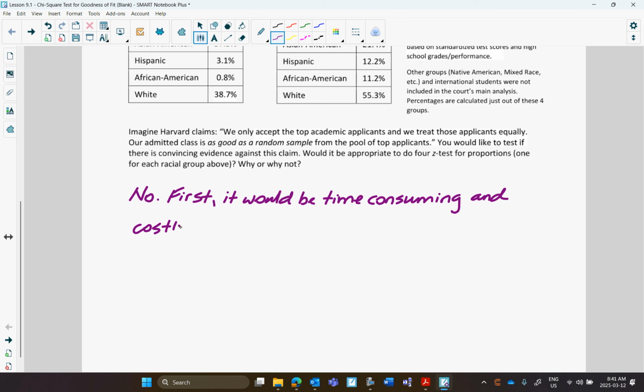But more importantly, second, multiple tests increase the chance of making a type 1 error.